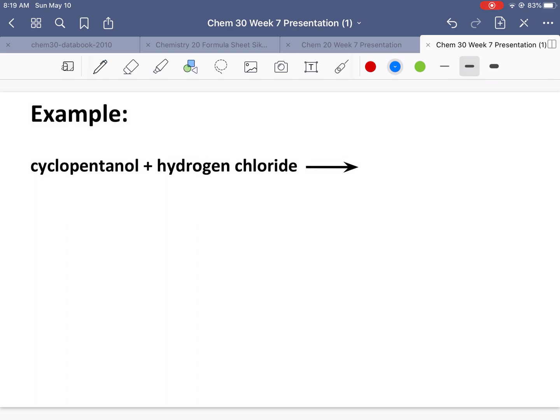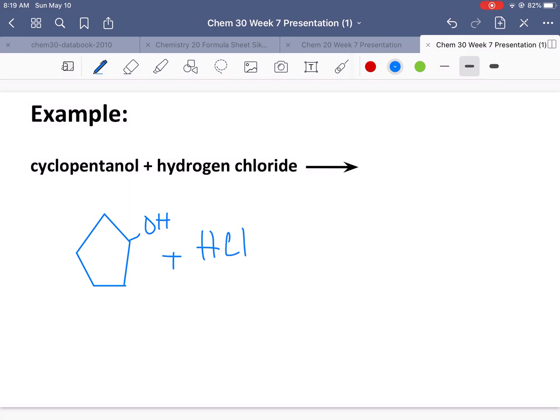One more example before you can get into a bit more of the assignment. This one, cyclopentanol. So we have a 5-carbon cyclic structure with a hydroxyl group coming off. It doesn't matter which carbon you put that hydroxyl group on, that's carbon 1, no matter what. It is what it is. So from there, this is being added to hydrogen chloride. There's your hint.